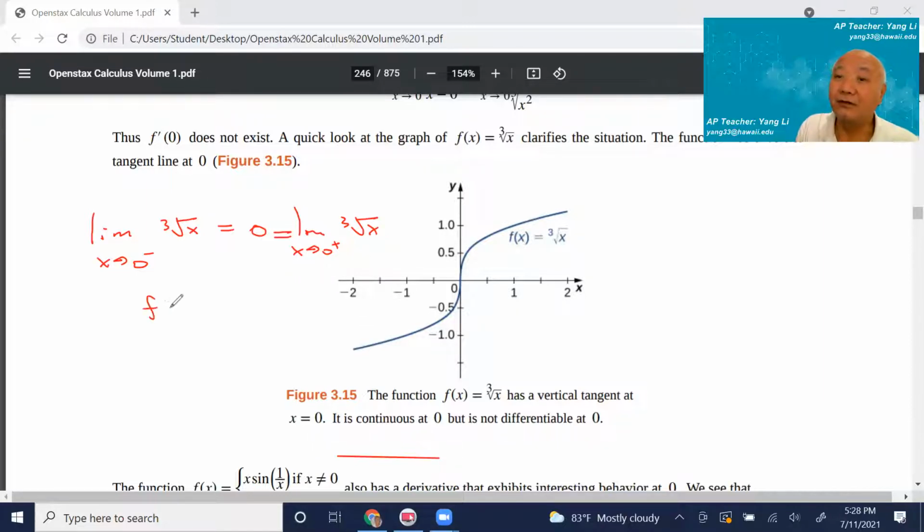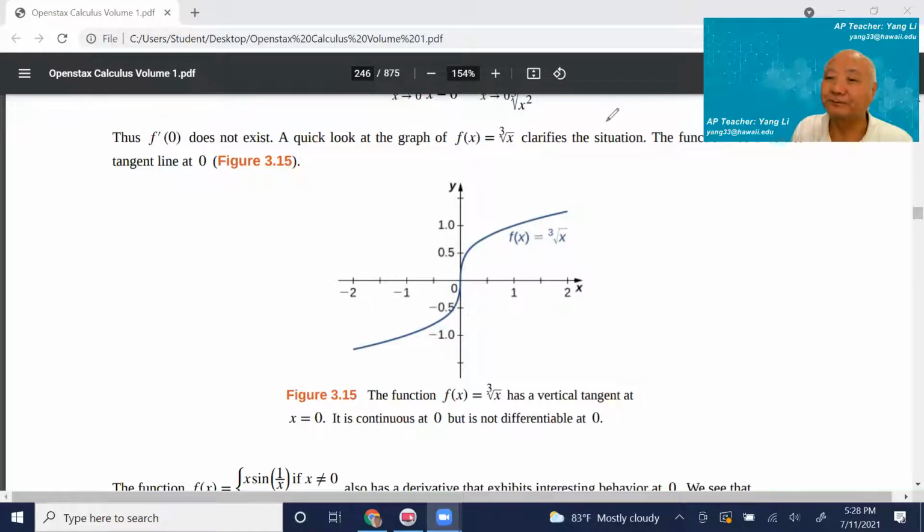And f(0) is still the cube root of 0, which equals 0. They're equal. The limit of the function equals the value of the function, which shows that the function is continuous at x equals 0. But the derivative is infinite. That's not defined. All right.